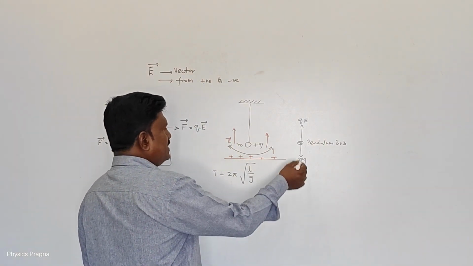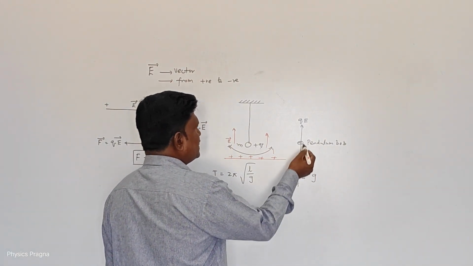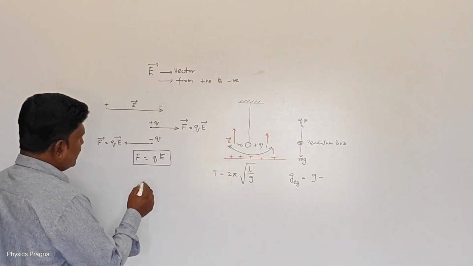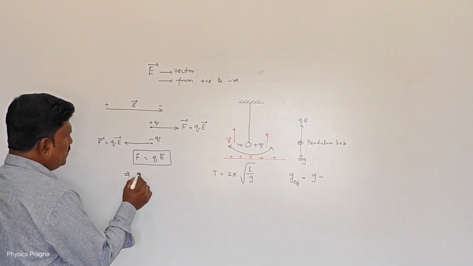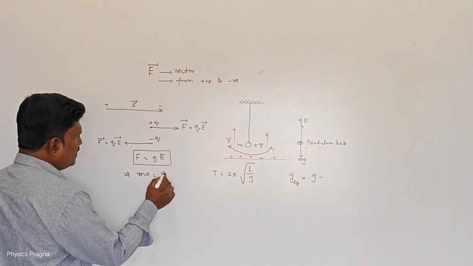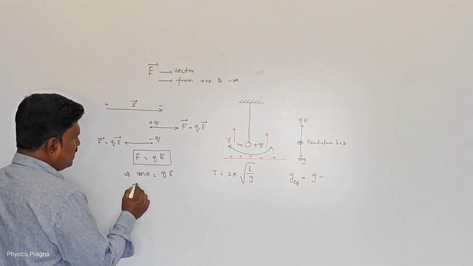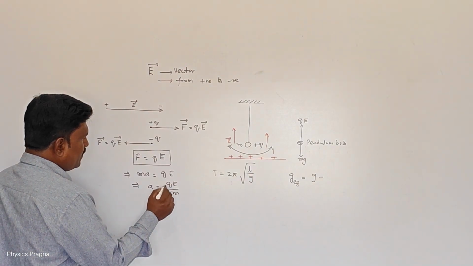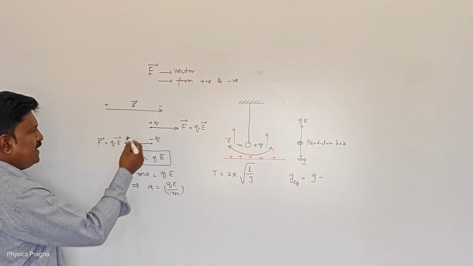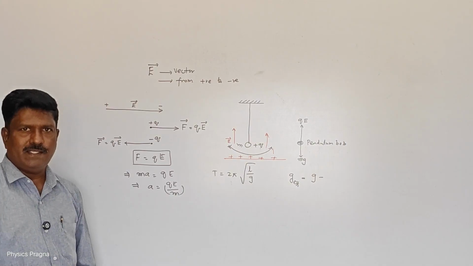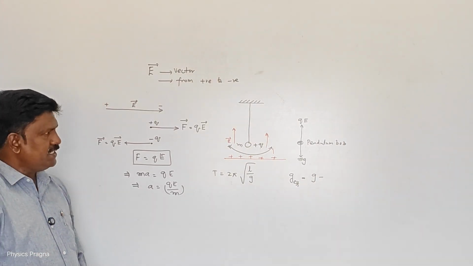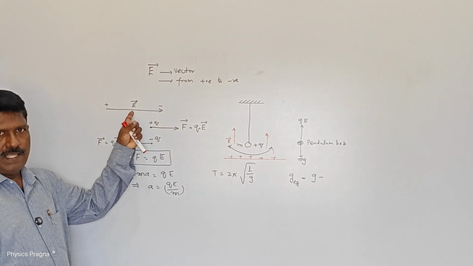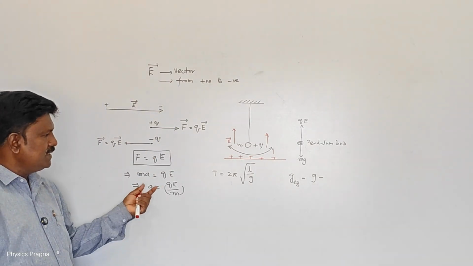How? See, this is g down, this is up, minus. Force is equal to QE. F is equal to ma if I write, a is equal to QE by m. This is the acceleration with which, whenever a force acts on a body, it acquires acceleration. So if any charged particle is in the electric field, it has force applied.